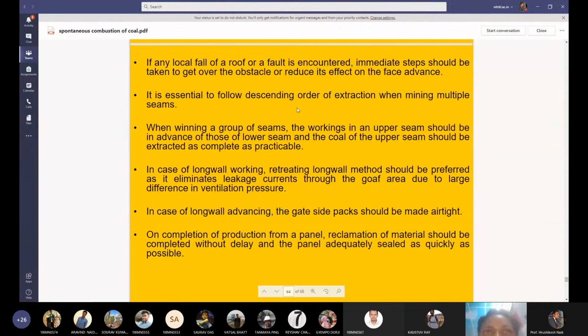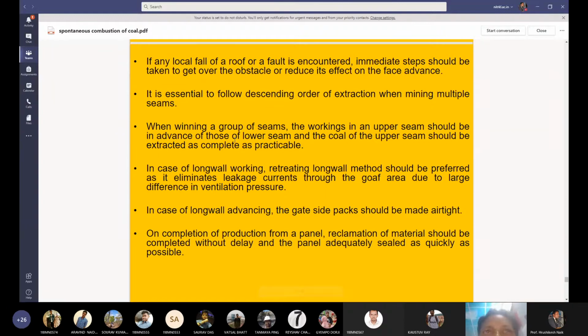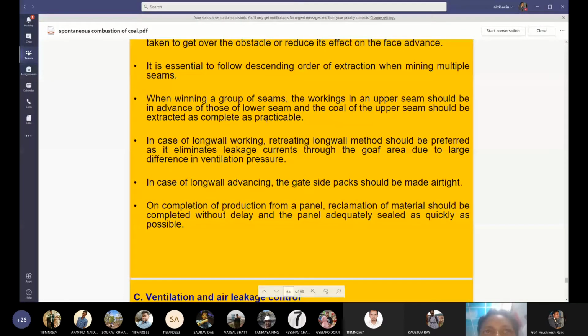It is essential to follow a descending order of extraction when mining multiple sections.